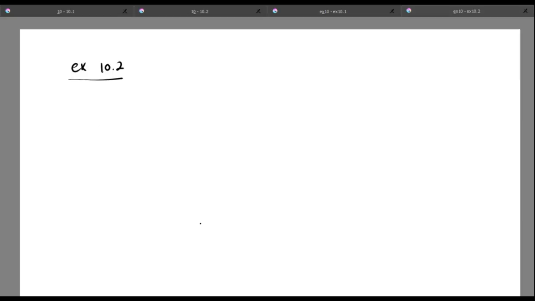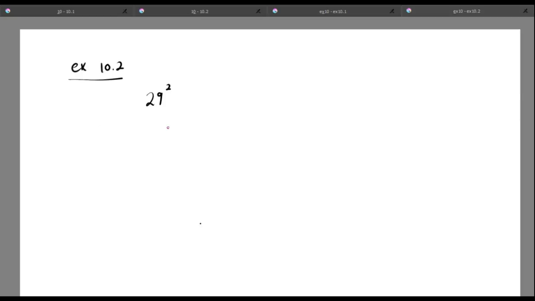The largest prime number, p, such that p squared is less than or equal to 1,000 is 29. True or false? Well, let's see, what is 29 squared? You get out your calculator.